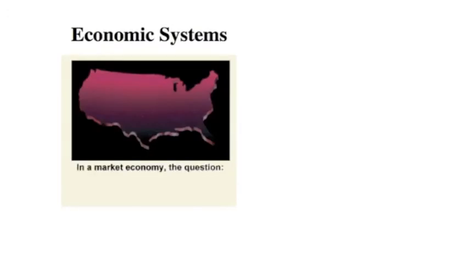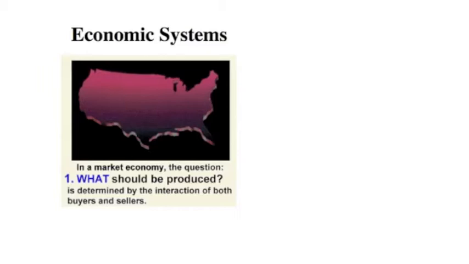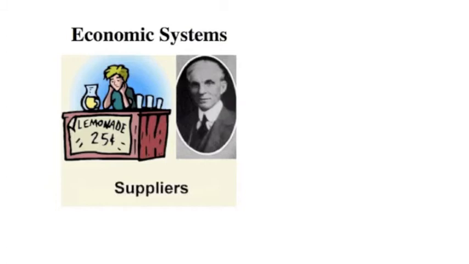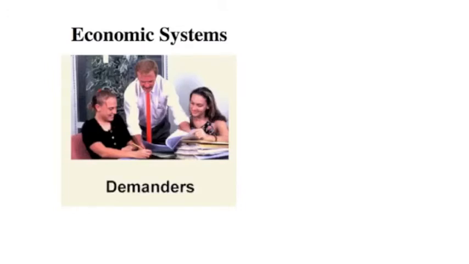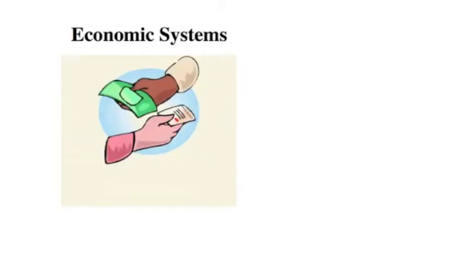In a market economy, the question, what should be produced, is determined by the interaction of both buyers and sellers. In other words, the laws of supply and demand. Suppliers, Henry Ford, started to sell somewhere, and demanders, through the exchange of money, usually.